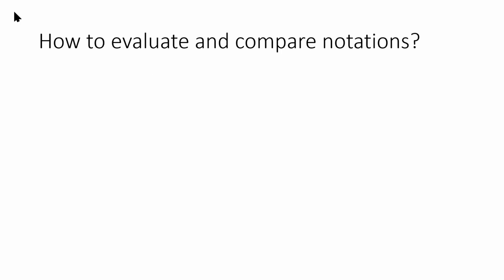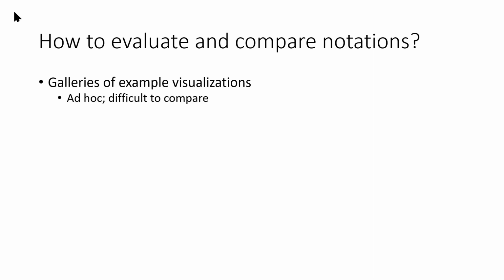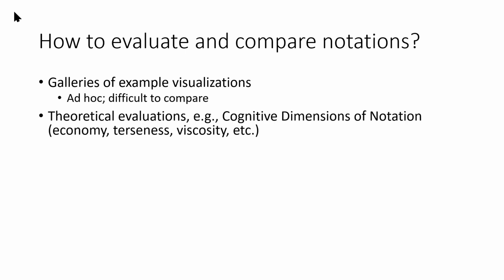So how do we evaluate a notation or compare two notations? There's a few approaches that are possible. We might simply look at galleries of examples generated with each notation, but these galleries tend to contain different examples, which makes it difficult to compare notations.